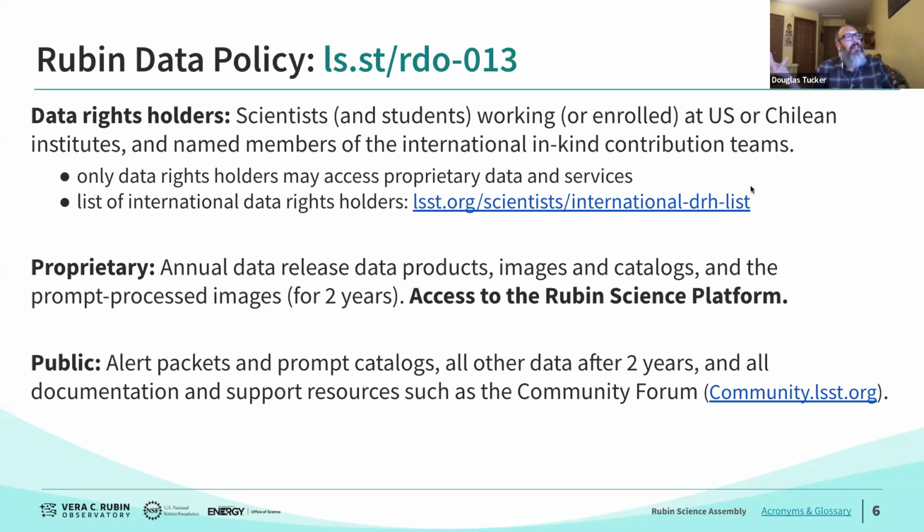Proprietary data includes the annual data release data products, images, and catalogs, and the prompt processed images for 2 years, and is accessed through the Rubin Science Platform. What's publicly available is alert packets and prompt catalogs, things done throughout the night, and all other data after 2 years, and of course all the documentation and support resources such as the community forum are public now.